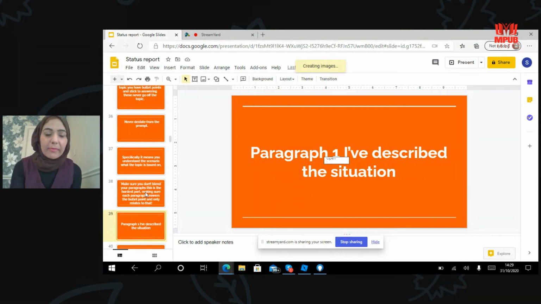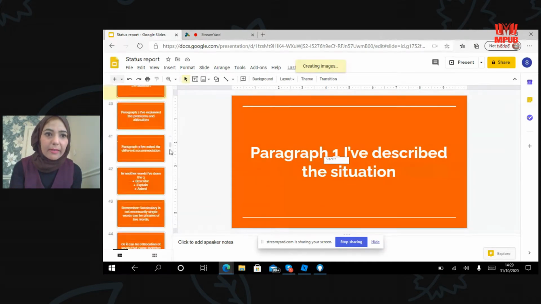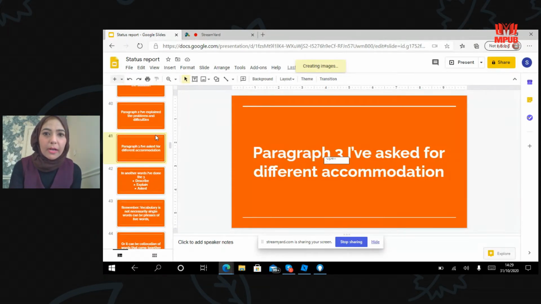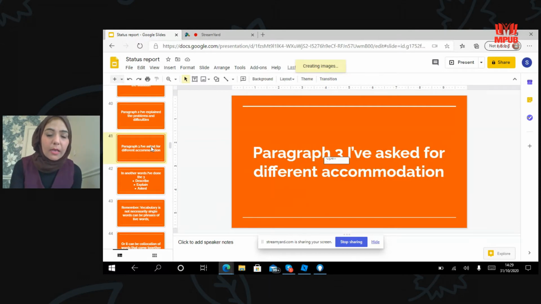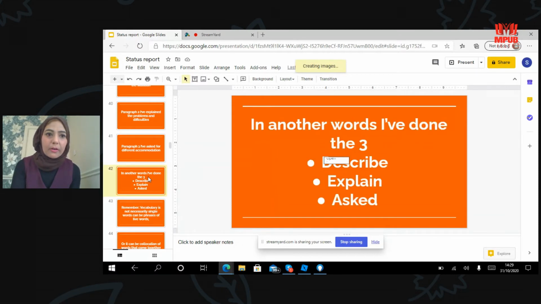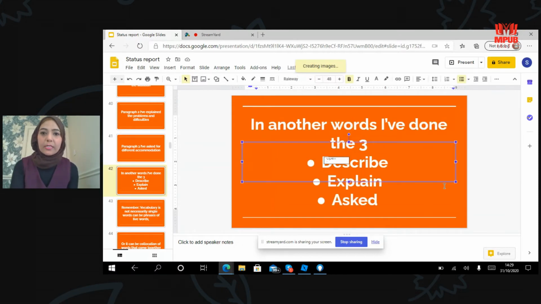In my letter, I've had a look at the examination question and described it in paragraph 1. In paragraph 2, I've explained the problems and difficulties exactly the way they're asking me in the bullet point. I've explained in a lot of detail the problem and the difficulties that I'm facing. And paragraph 3, I've asked for different accommodation. In other words, I've done the 3: describe, explain, and ask.